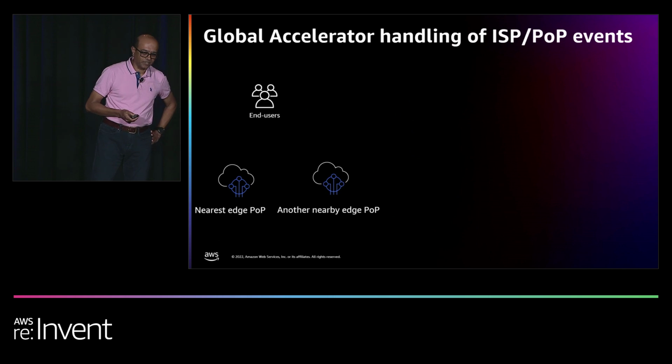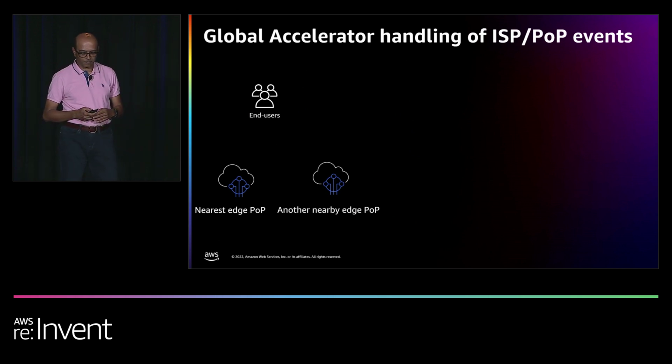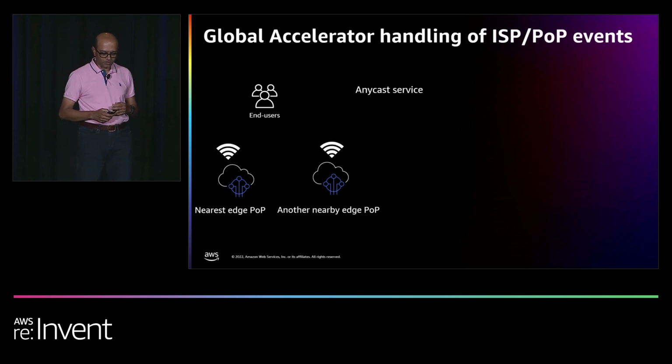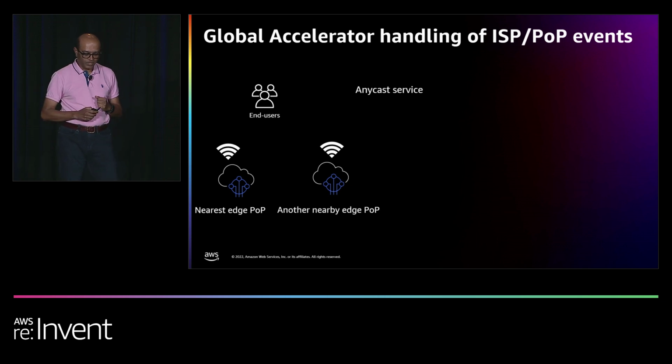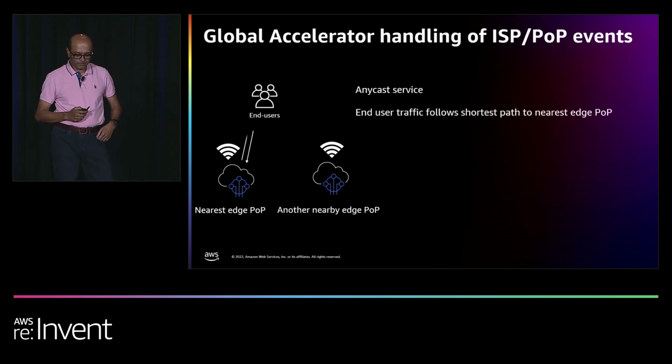Now, because Global Accelerator is an Anycast service, the prefixes are announced from multiple POPs around the world, so all of those 104 POPs that we talked about, through the associated transit centers that we have. So let's say your clients are connected to multiple ISP networks, and user traffic follows the shortest path from the ISP to the nearest edge POP.